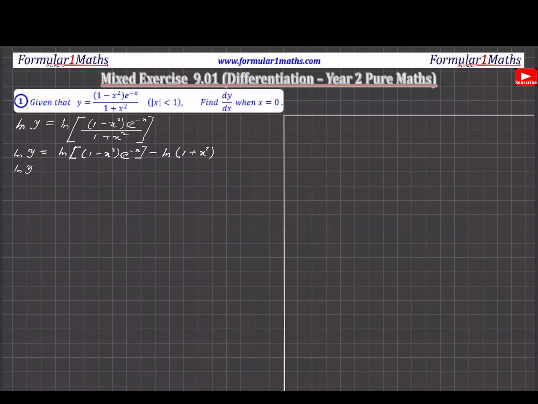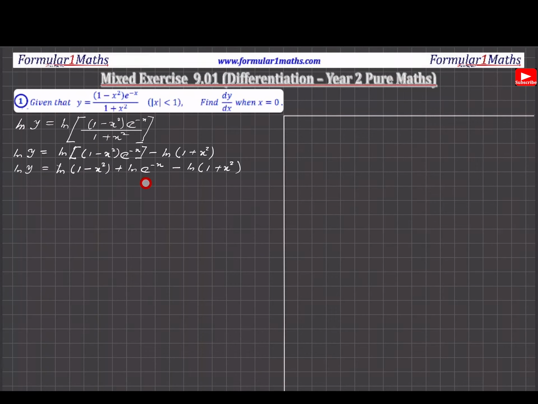y on the left-hand side equals ln 1 minus x squared plus ln e to the power minus x minus ln 1 plus x squared.